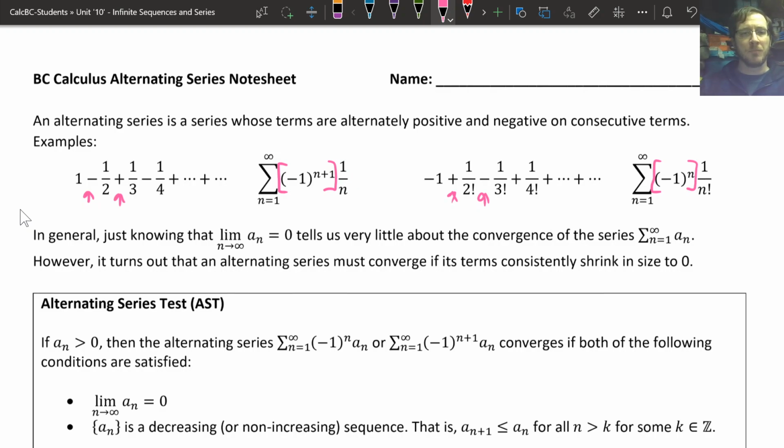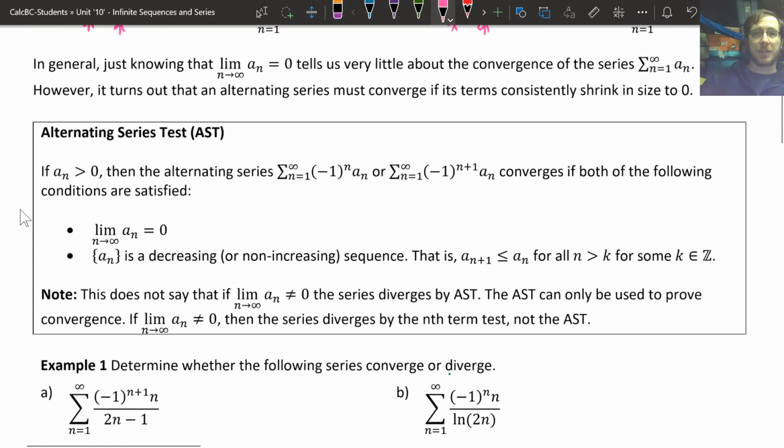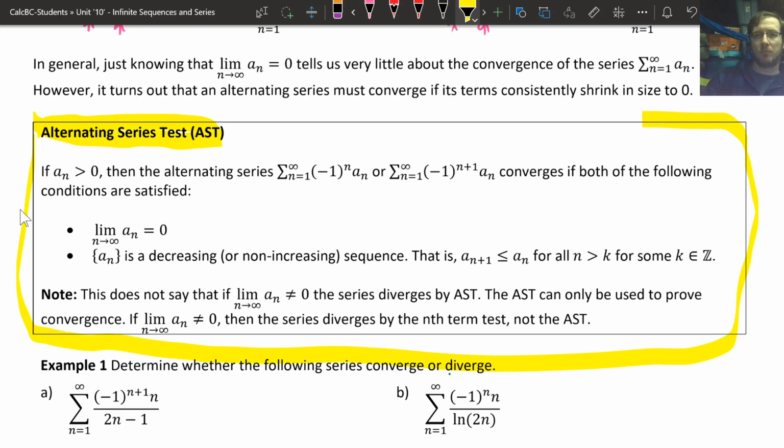Okay, so our alternating series test. We'll abbreviate it AST. It says if a sub n is greater than 0, then the alternating series from n equals 1 to infinity of negative 1 to the n times a sub n, or the infinite series of negative 1 to the n plus 1 times a sub n, converges if both of the following conditions are satisfied.